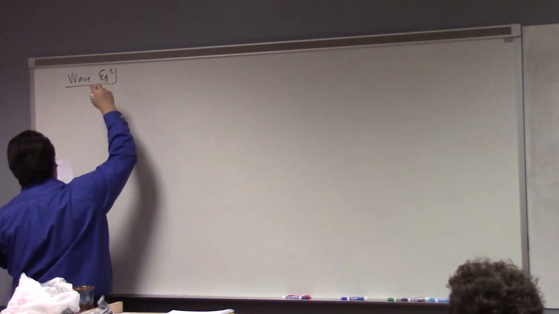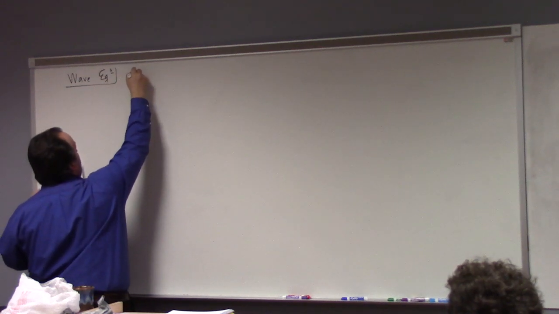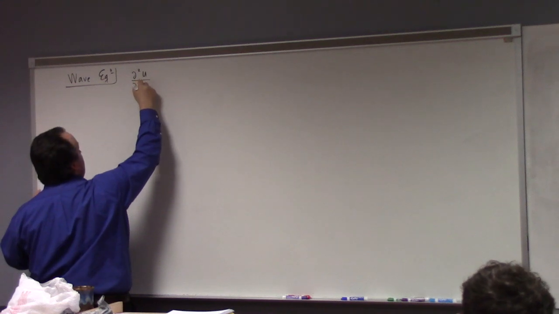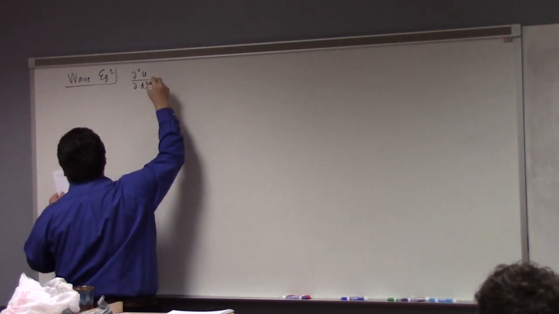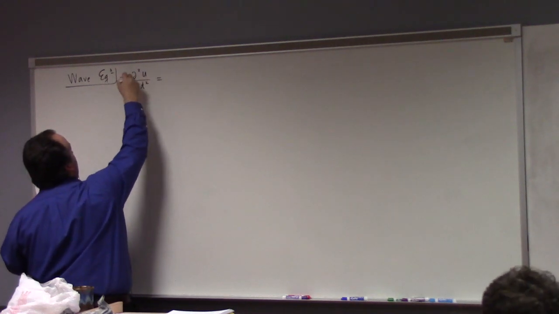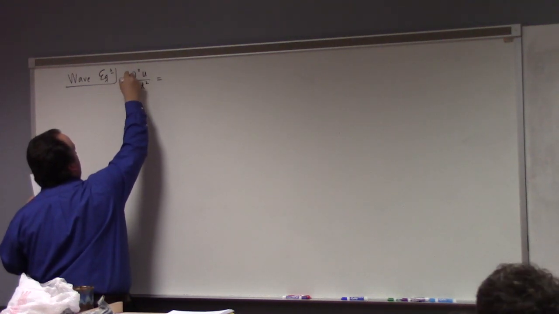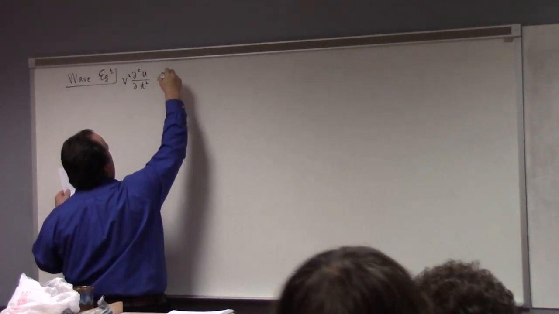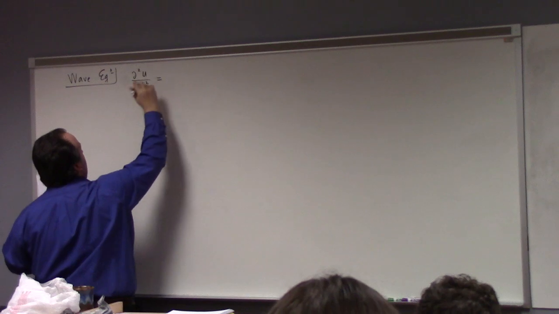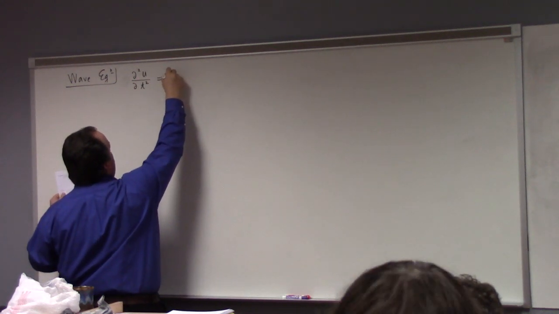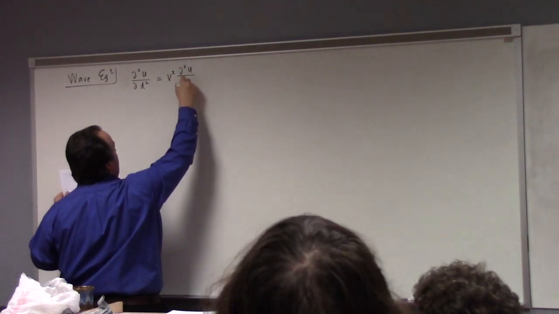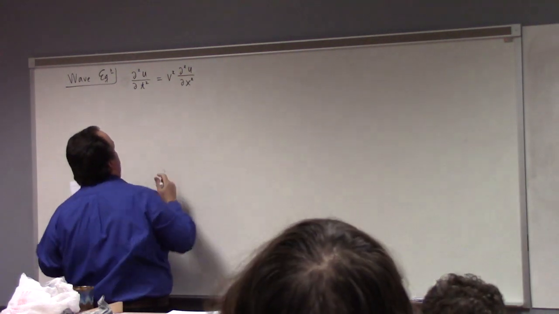Something like the second partial derivative of u with respect to t equals the velocity squared times that. I think that's the right units. Oh, no, my bad. I think this would be the velocity squared times the second partial derivative of u with respect to x.